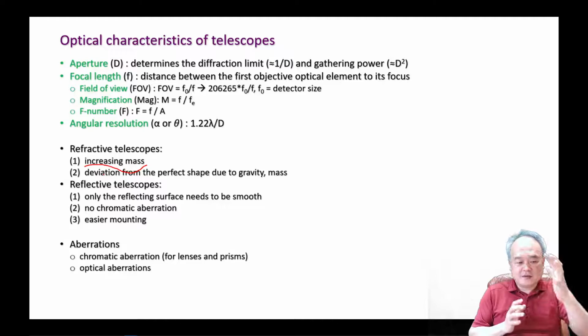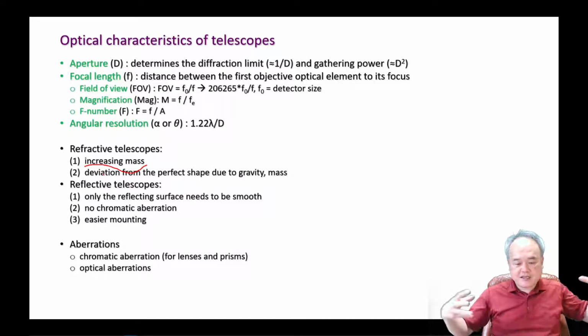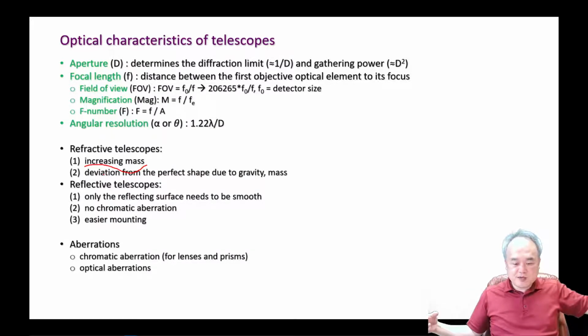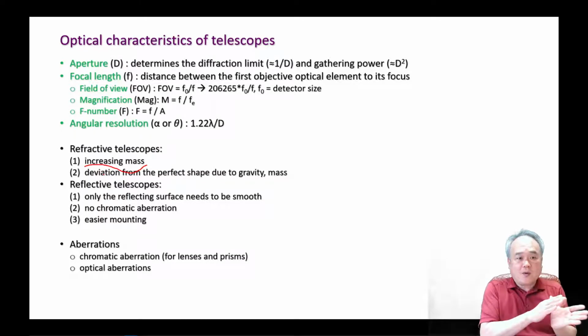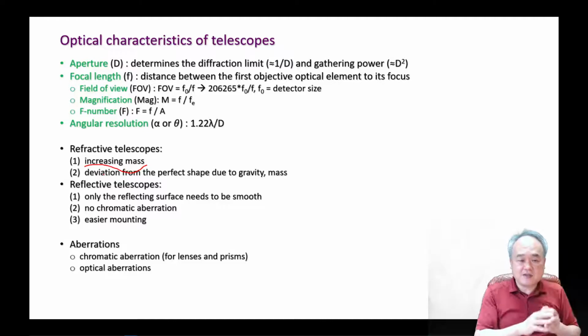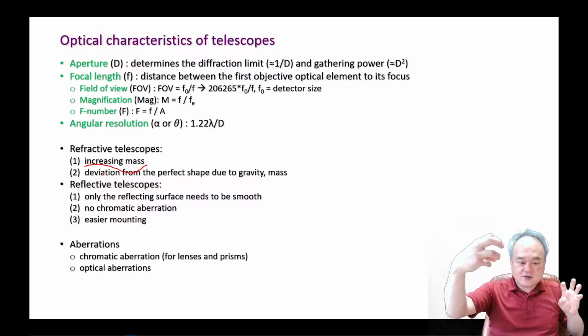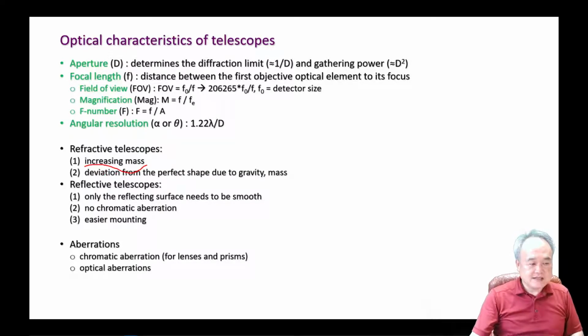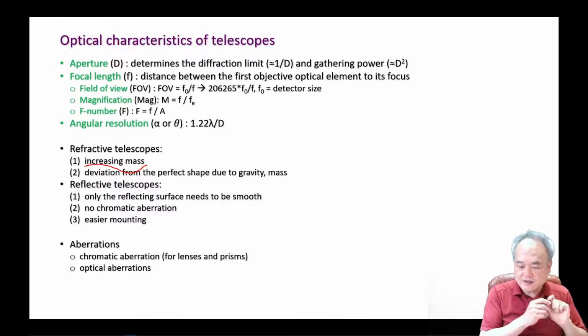So for a given aperture size it requires really heavy, massive elements and a long tube, and because of this long tube and heavy weight, when pointing at different parts of the sky the tube sags, and the image quality becomes compromised.